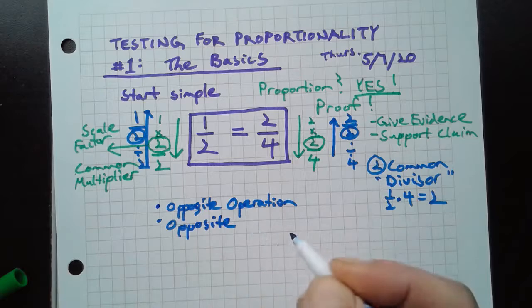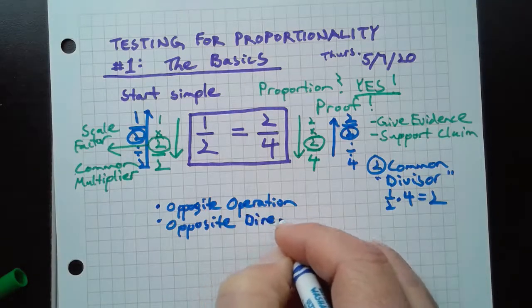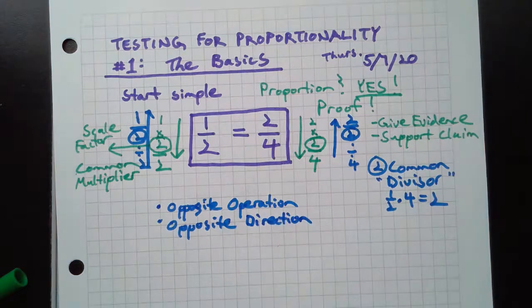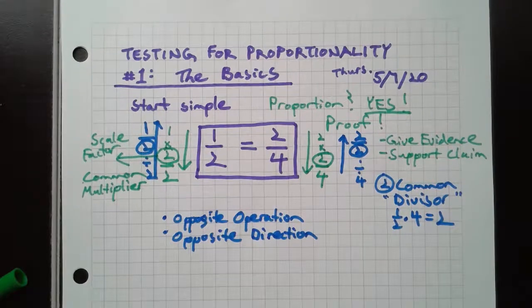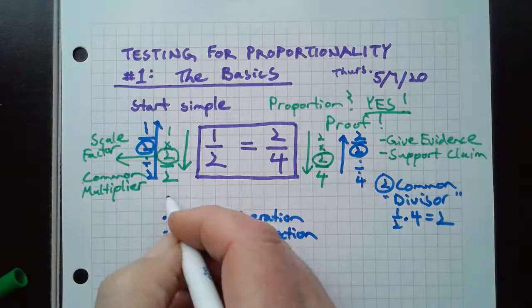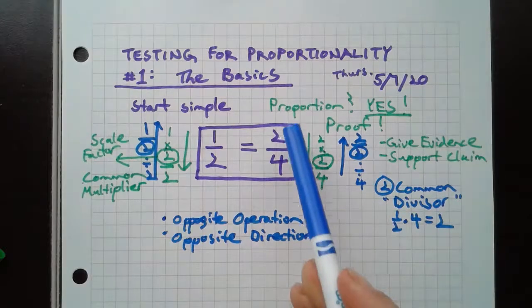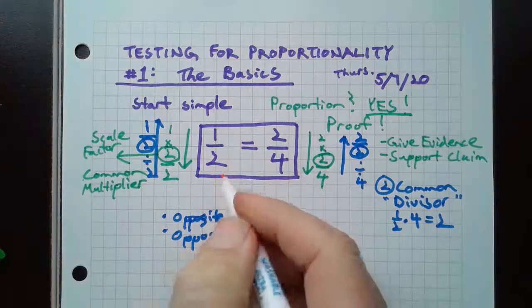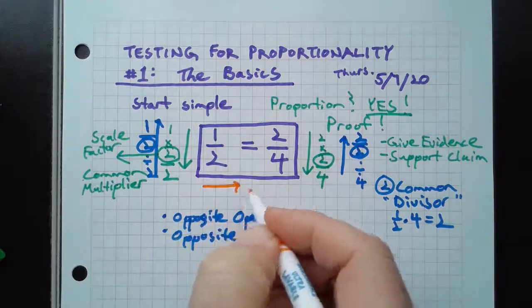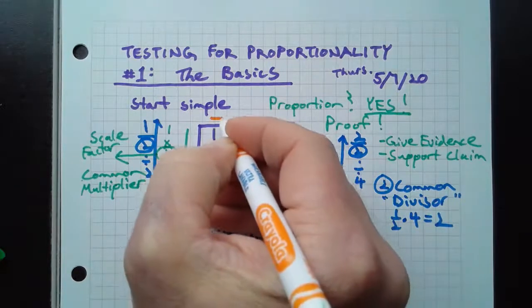If you're thinking, wow, Mr. Whicher, this is very tedious, I already know all this stuff, I just want to document all the different ways you can think about proportions to prove something is either yes or no. Okay? That's all we're doing here. So I'm really teaching critical thinking. Okay, so we've got top to bottom, and now 2 times 2 is 4.